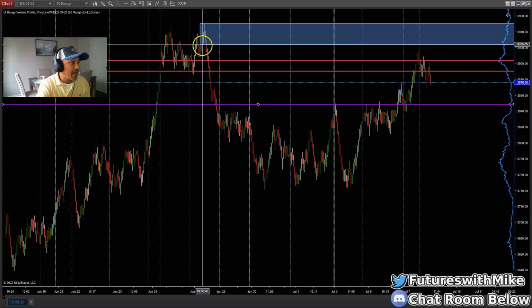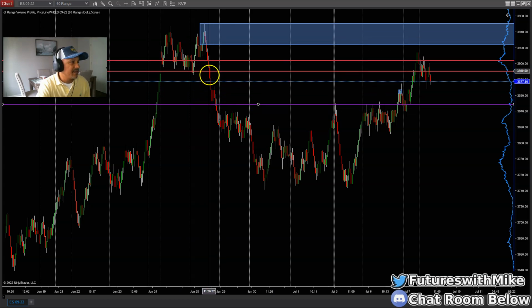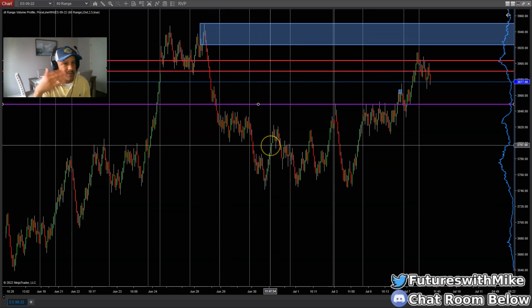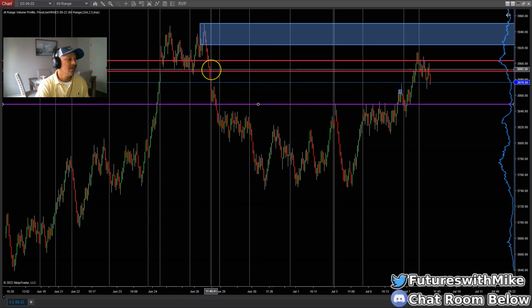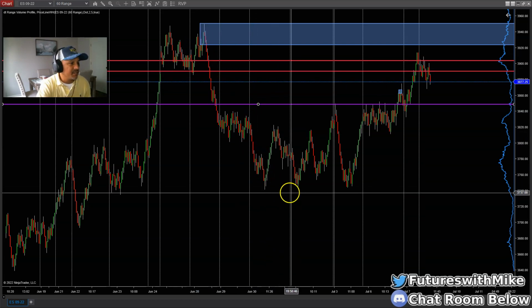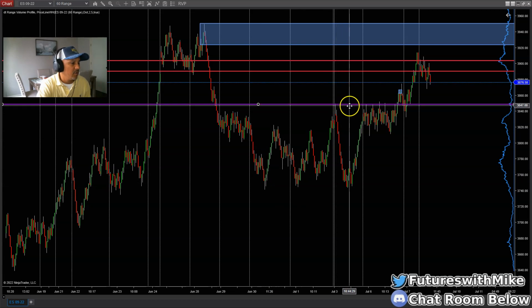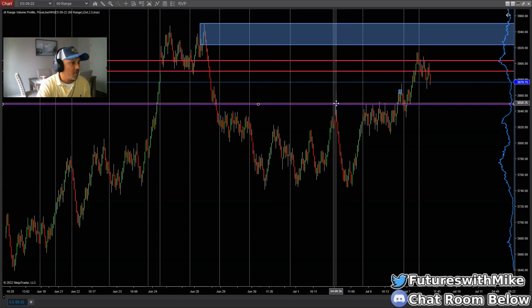Price was moving to the downside, making lower lows and lower highs. You always want to be looking for structure breaks and price moving in one particular direction, whether it's higher highs and higher lows, or lower lows and lower highs when I move to the downside. In this case, we're making lower lows and lower highs, and then we get a nice pullback here on July 3rd, early part of the morning.